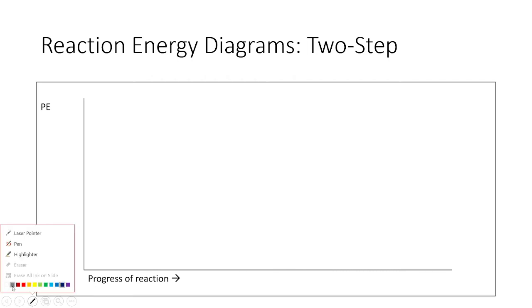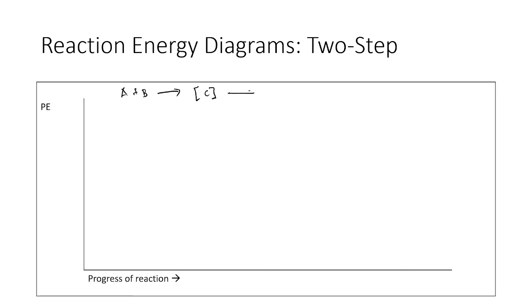Just change the color of my pen. So if we have A plus B and that reacted and became C, then that C became D plus E. This is what we call a two-step energy diagram because we have two arrows wherein magkaroon tayo ng dalawang step. So basically, paano ba natin ipapakita to?